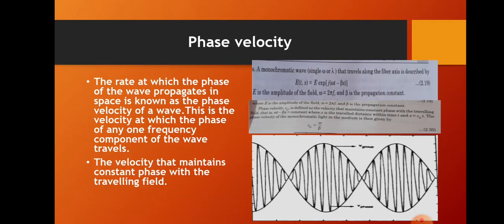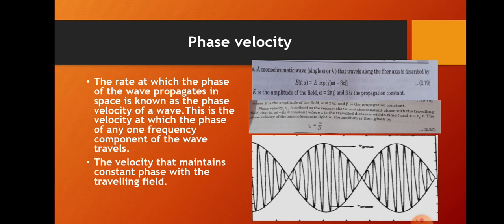And next is phase velocity. Phase velocity means velocity with a constant phase, and it is related to some constant phase, and also it is related to velocity, that is why it has the name phase velocity.